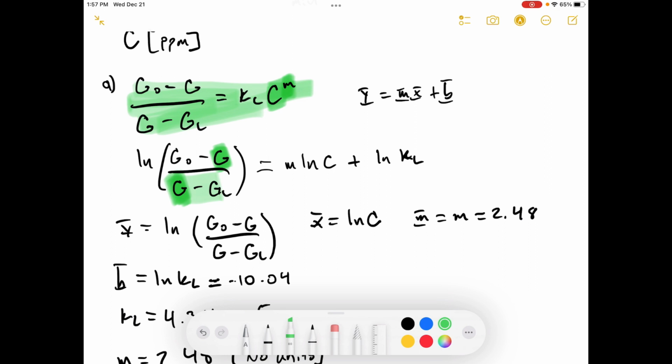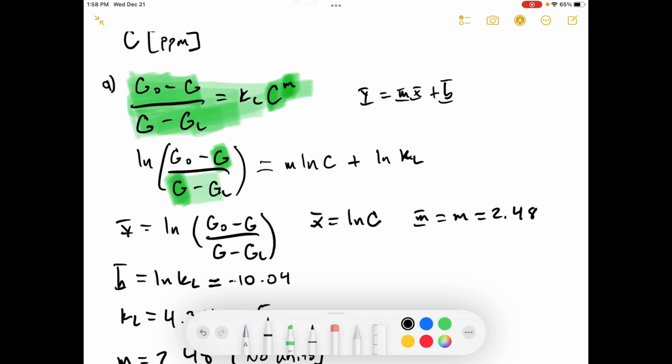KL, on the other hand. So we're examining KL's units, and we're examining our function here. We know that M is unitless, but we know C has units of ppm. On this side of the equation, in the numerator, we have units of millimeters per minute, and in the denominator we have units of millimeters per minute.